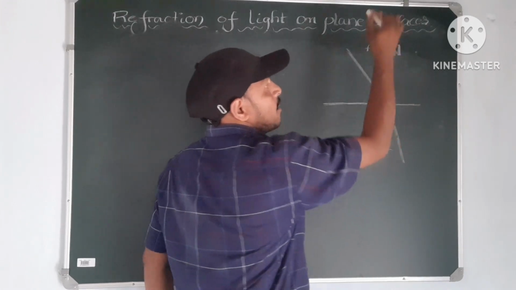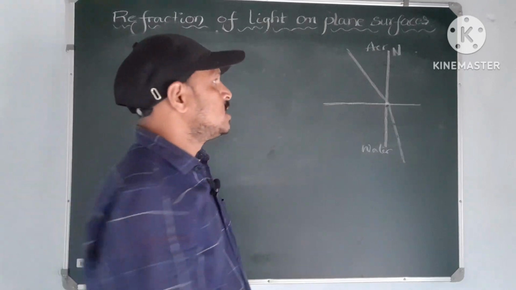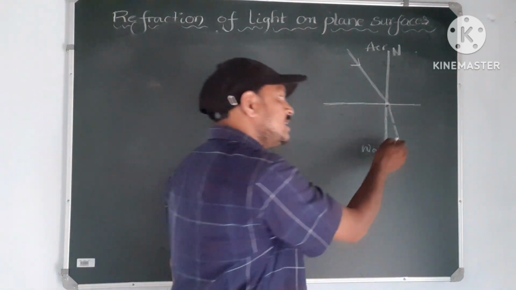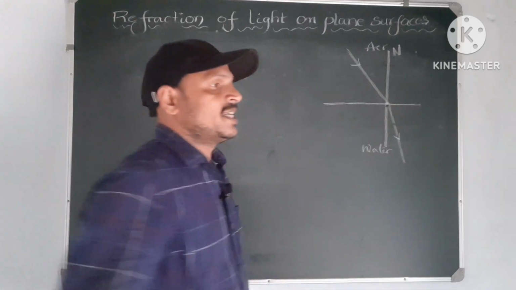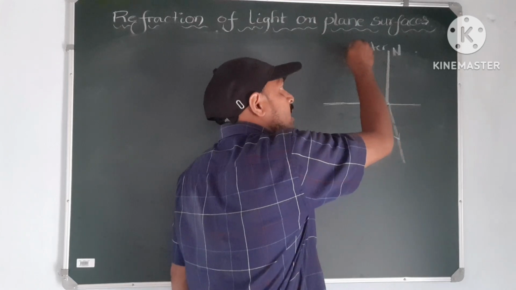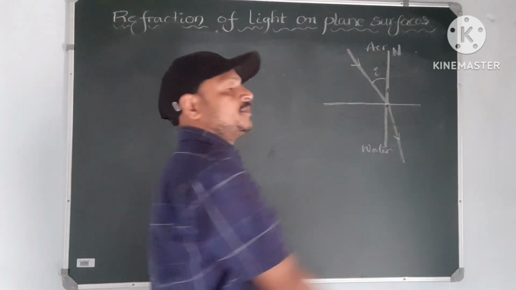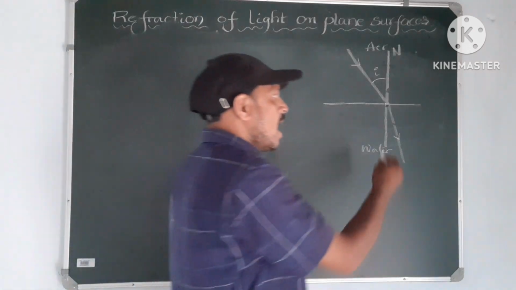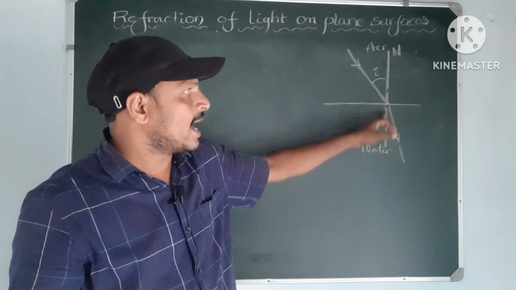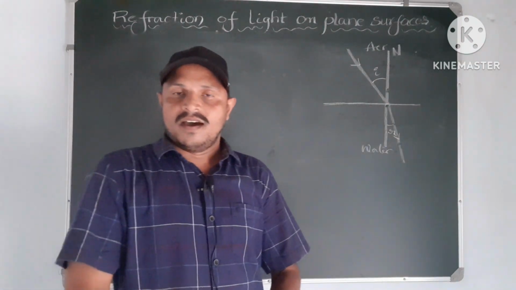This is called the normal at that point, denoted by the letter N. This ray is called the incident ray, and this ray is called the refracted ray, and the angle between the normal and the incident ray is called the incident angle, and the angle between the refracted ray and the normal is called the angle of refraction, denoted by the letter r.